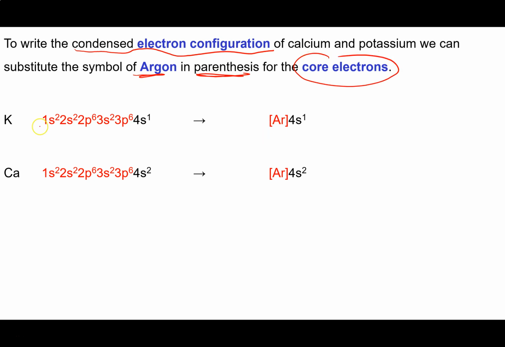You see what we're doing here? So here's the full electron configuration. We want to focus our attention on these outer electrons. So we're going to replace the electron configuration for the core 18 electrons with the symbol of argon in square brackets. And now we know we're just focusing on these chemically interesting outer electrons.